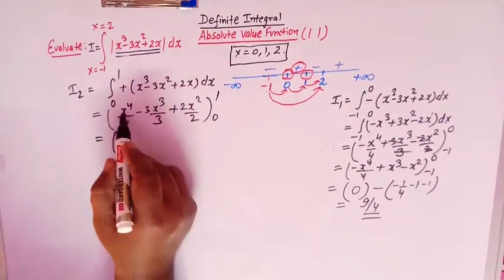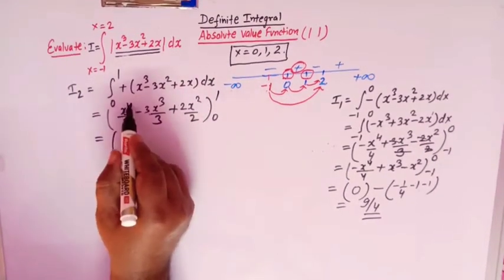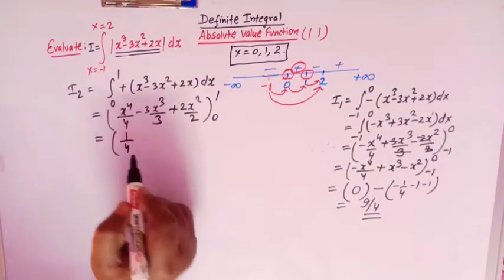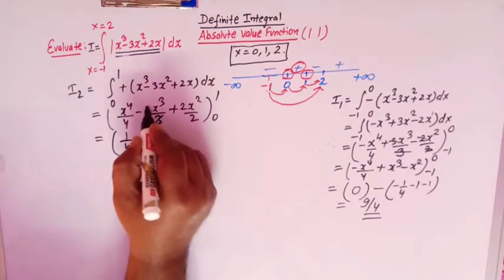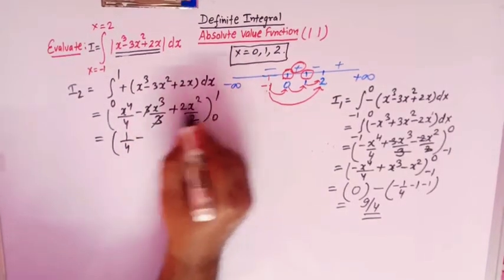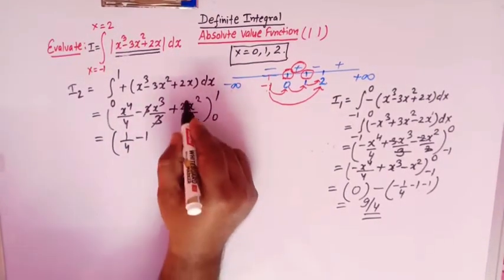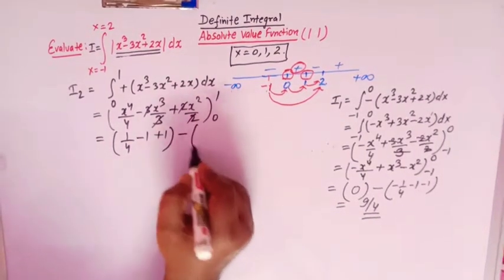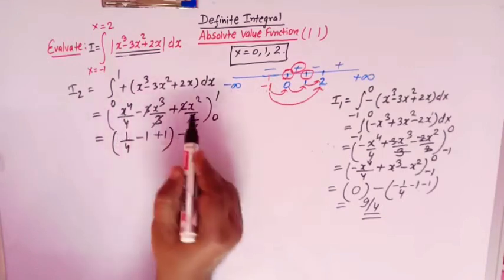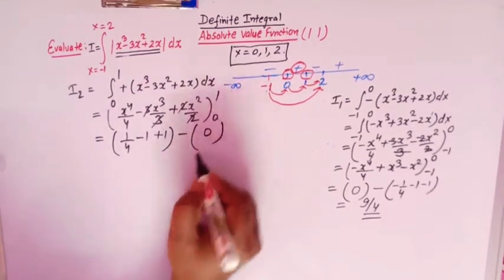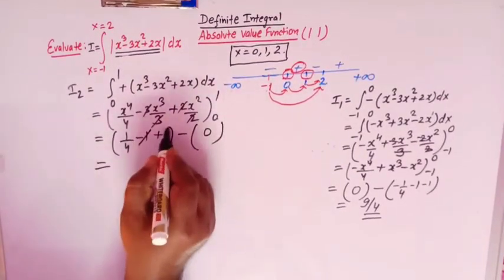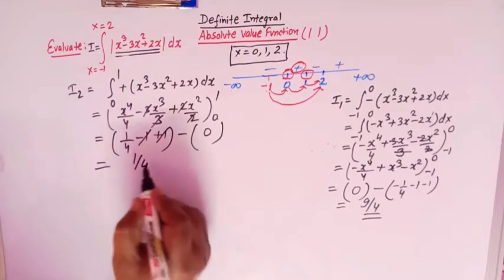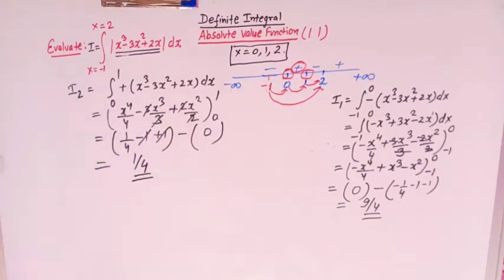And now taking x equal to 1 over here, so we have 1 over 4 minus 3 and 3 get cancelled, so 1 cube is 1 and 2 get cancelled, 1 square is 1, and then we have 0, so all these terms become 0, and now minus 1 and 1 get cancelled, so we have 1 over 4, right?